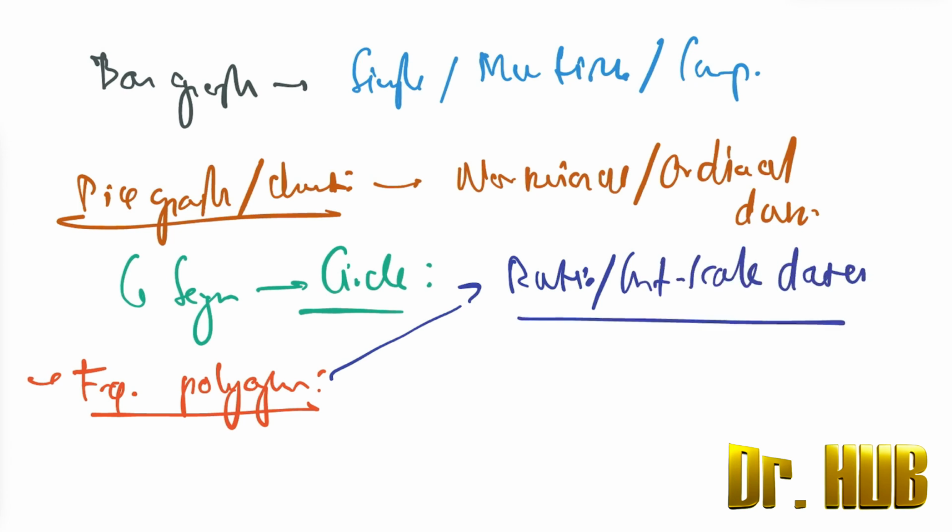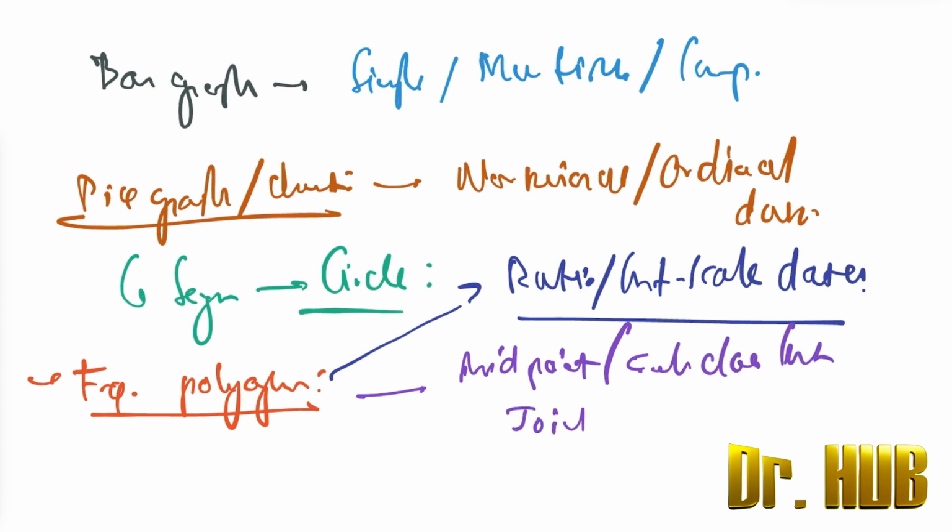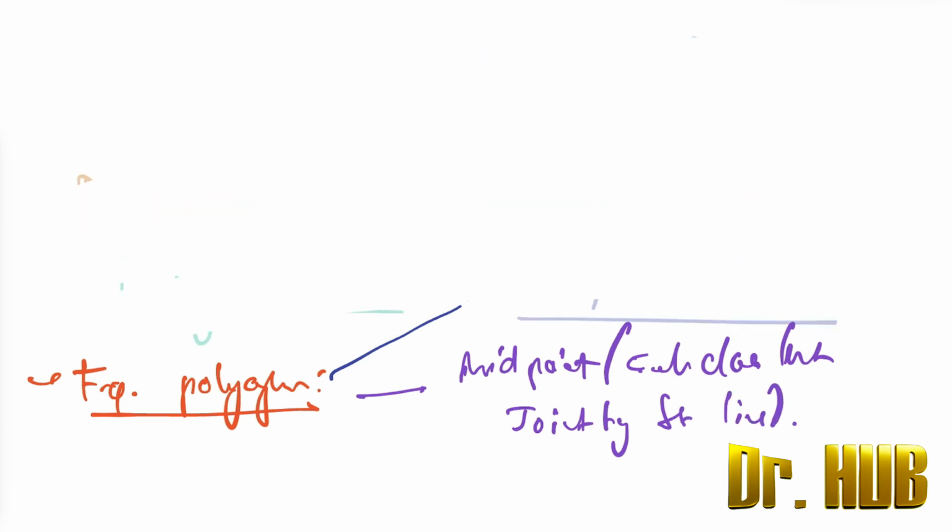The midpoint of each class interval is joined by a straight line. Let's draw an example to understand it better. Assuming this is the graph, you draw in the midpoints and then you join them.